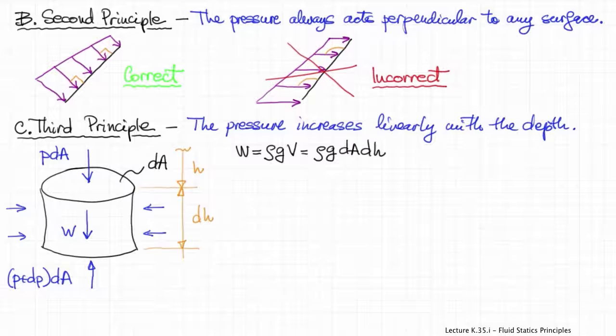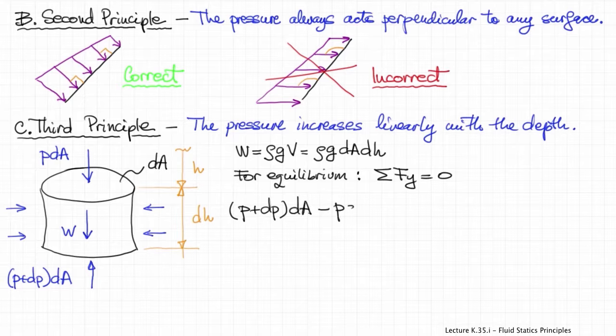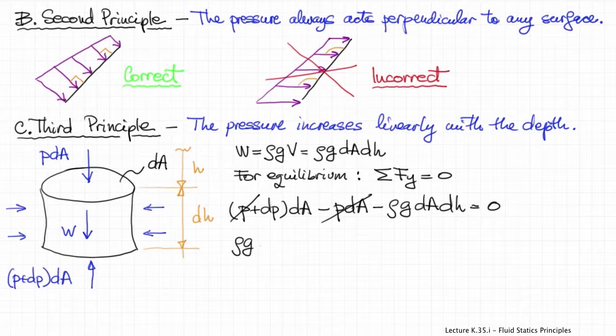The weight equals the density of the fluid times the acceleration of gravity times the volume, so it equals rho g dA dH. If we sum the forces in the vertical direction for equilibrium, we get P plus dP times dA minus P dA minus the weight rho g dA dH equals 0. And we can cancel out P dA in this equation.